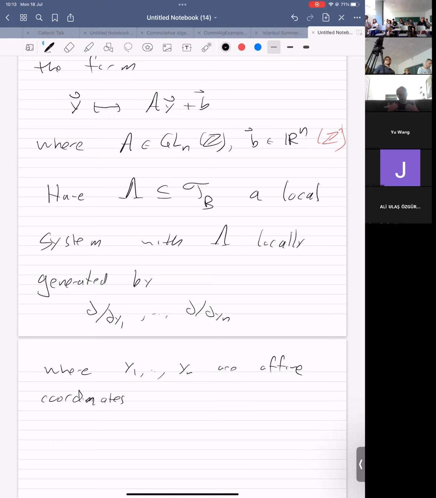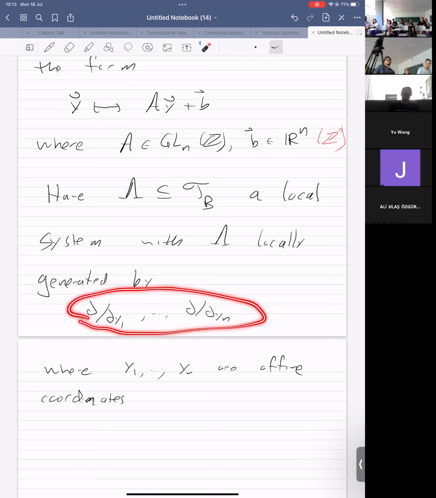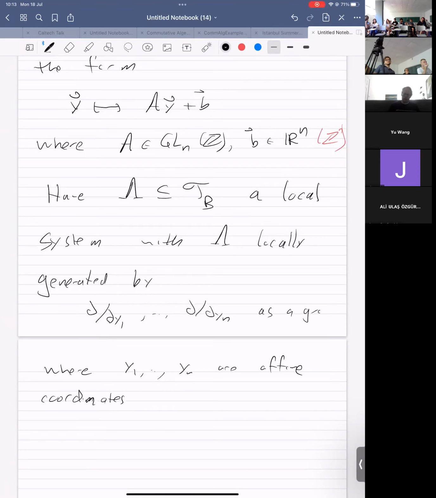So if you change these coordinates by an integral affine linear transformation, of course, these fundamental vector fields will change, but the lattice they generate doesn't change. And that's why you need A to be in GL_n(Z). But this is generated as a group for lattice.